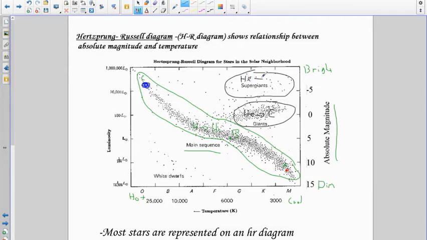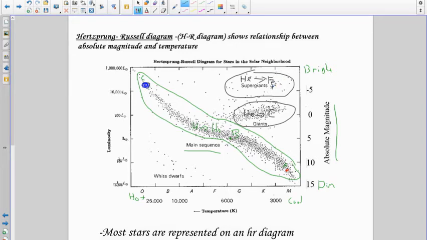They will not fuse beyond iron because when they do so, they actually have a loss in energy. So iron marks the end of their ability to fuse to heavier elements. Once they fuse iron, they go supernova, and that's when the elements beyond iron are created in supernova explosions.